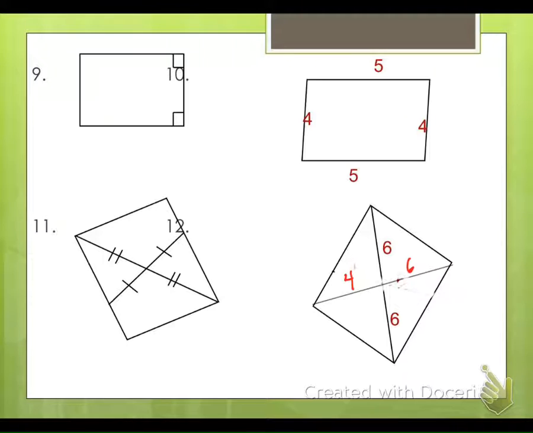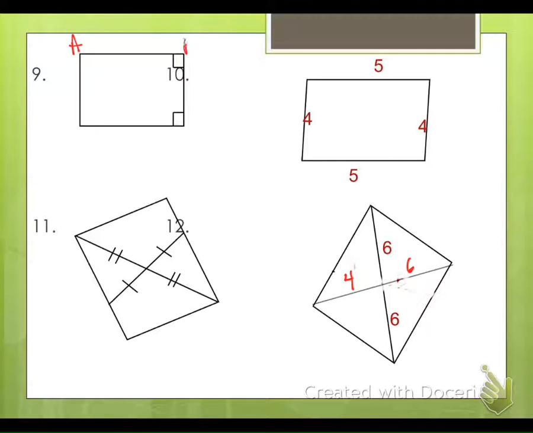So for number 9, you see that you have 2 right angles. Can we say that that is a parallelogram? Let's label them so I can talk about it easier.